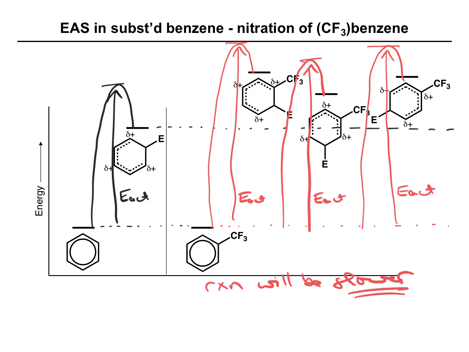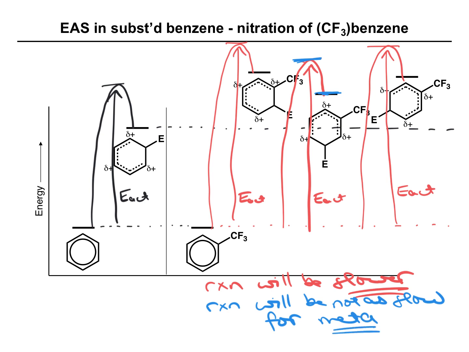But because this is lower energy and therefore the transition state leading to that intermediate will also be lower energy, it's not quite as bad for meta. So we can see that the reaction will be slower, but the reaction will be not as slow for meta.